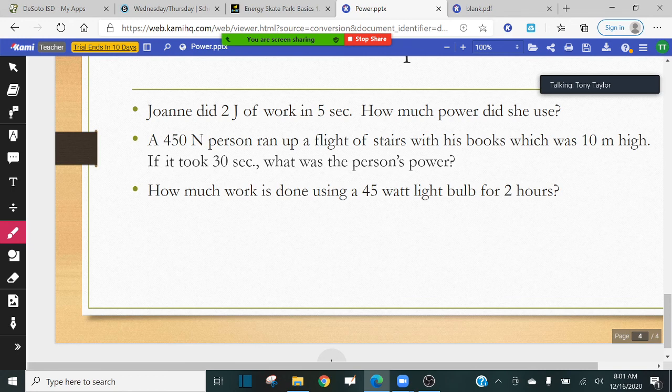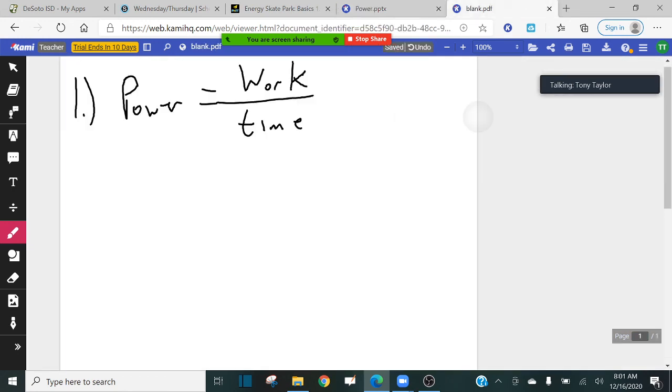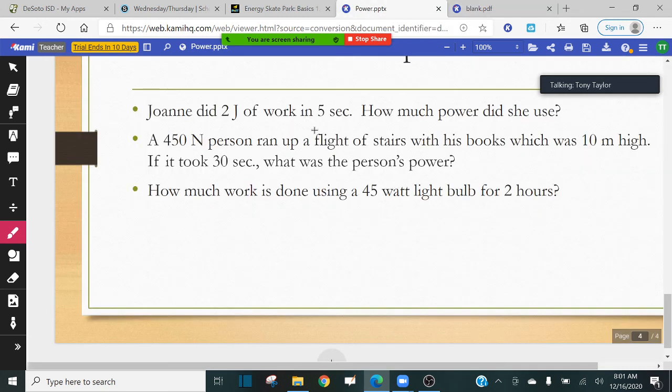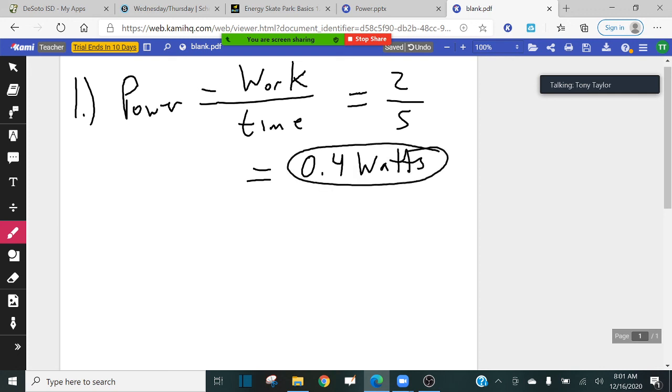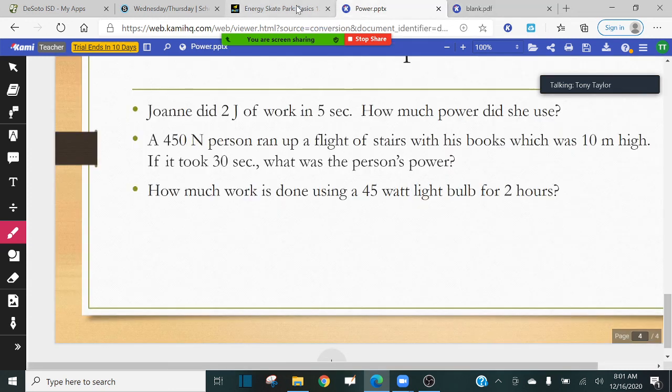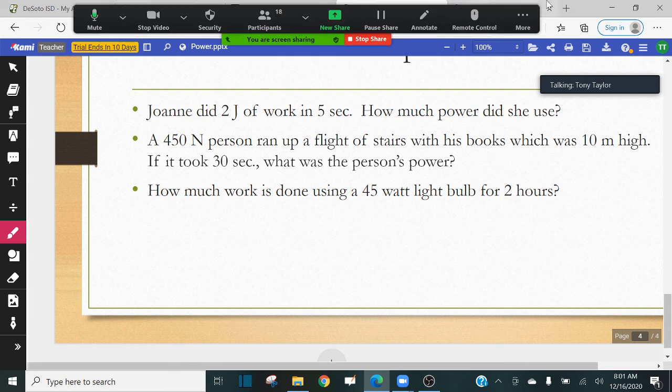So Joan did 2 joules of work, and we see that she did it in 5 seconds. So 2 divided by 5 is equal to 0.4 watts. That is our unit for power, watts. So Joan used 0.4 watts of power, because she did 2 joules of work in 5 seconds.